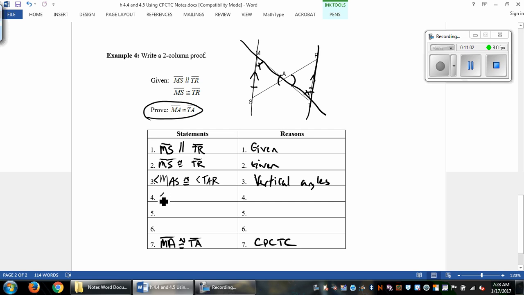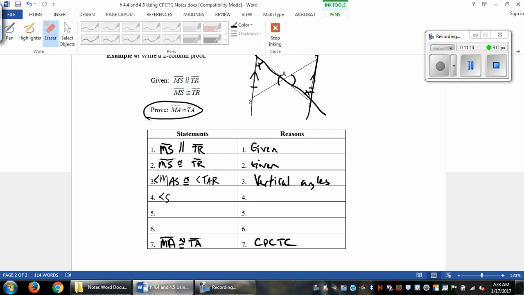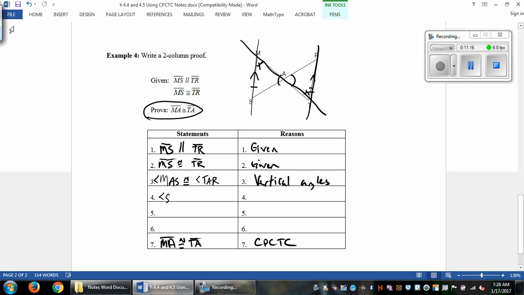So we'll have angle SMA congruent to angle RTA.